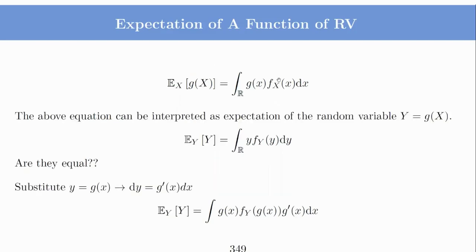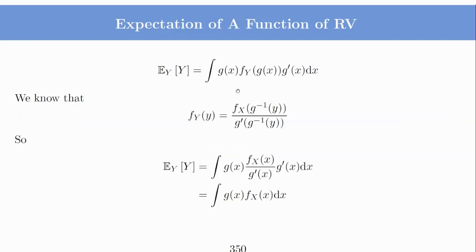To get this expression, we have to somehow convert this PDF of y to the PDF of x, and we have a conversion equation for that. We know that f_Y(y) is equal to f_X(g inverse of y) divided by g'(g inverse of y). This is the expression we computed for monotonic functions. We are currently assuming that g is a monotonic increasing function. For other cases, it's also possible to compute that, but the expression will be a little bit tedious.